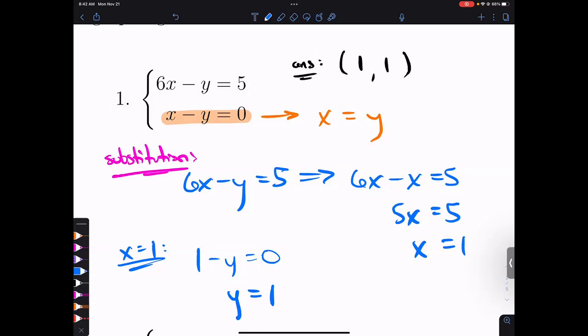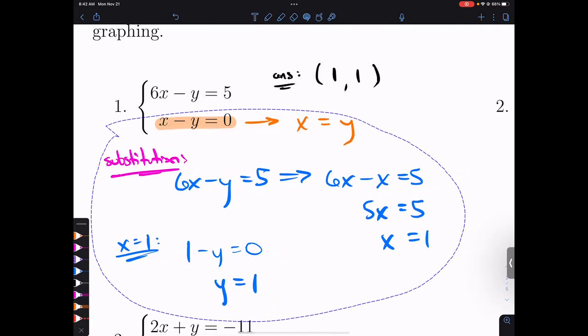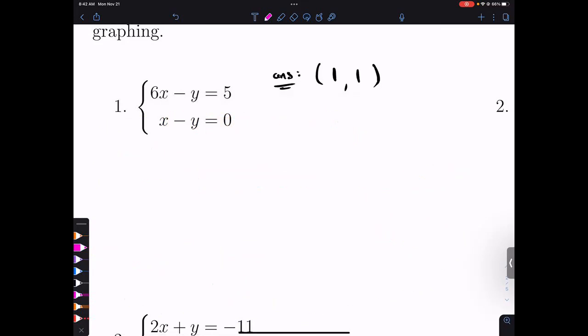Yeah. Can I erase this? What did you eliminate, Brooklyn? Yeah, so those are exactly the same. So if you subtract, 6x minus x is 5x. Negative y minus negative y. Be a little bit careful about that.